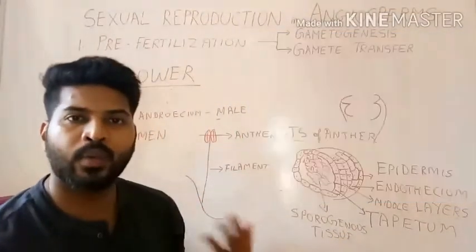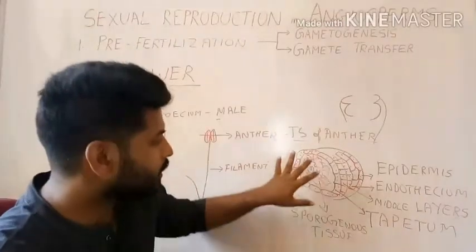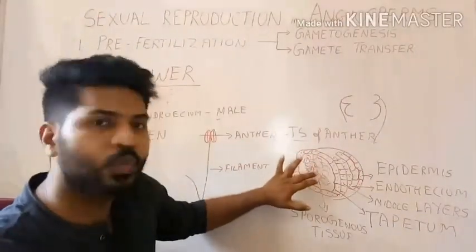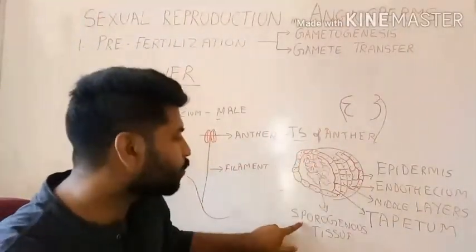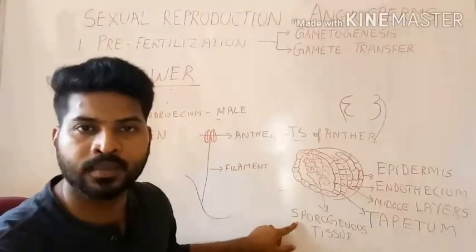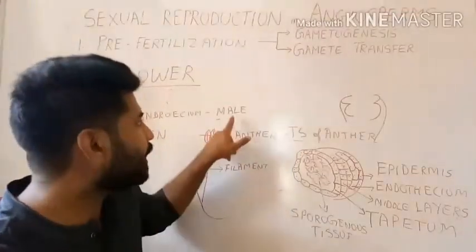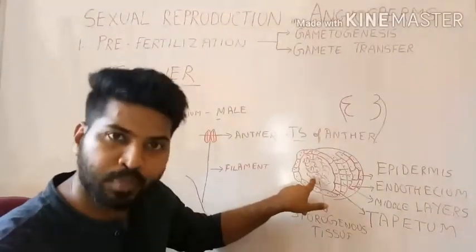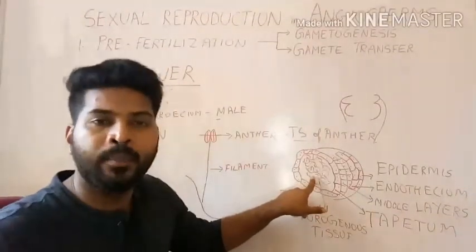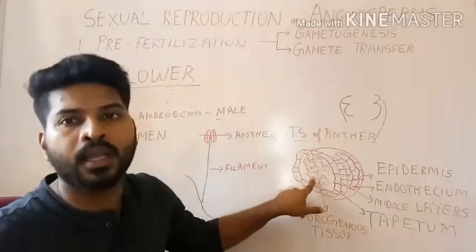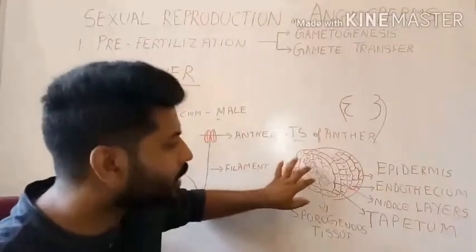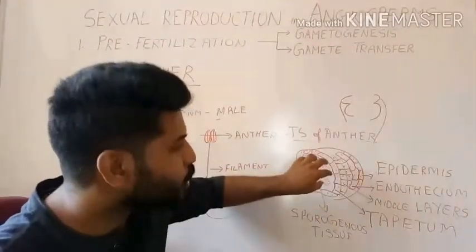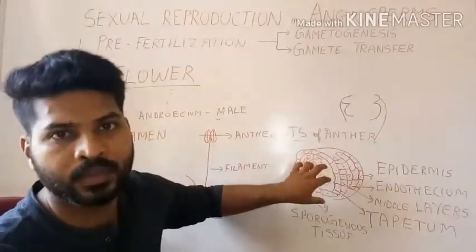When the flower matures, the sporogenous tissue is the one that produces spores. That is, in this case, being the male reproductive structure, it will produce microspores, which later become the pollen grain. So, pollen grains are produced by the sporogenous tissue.